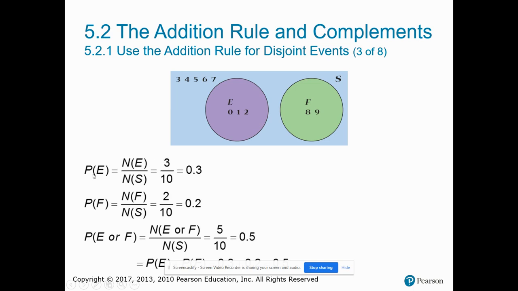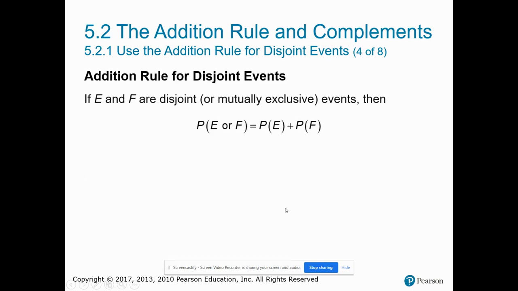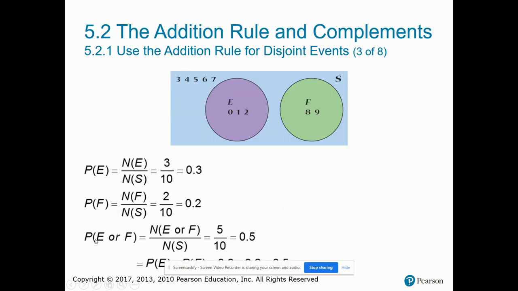The probability of picking a number that's less than or equal to 2 is 3 out of 10 because there's 3 numbers in that category. The probability of picking a number 8 or bigger, well, the number in that category is 2 out of 10. And the probability of picking a number less than or equal to 2 or a number 8 or greater is equal to the total number of numbers in those two categories divided by the total.